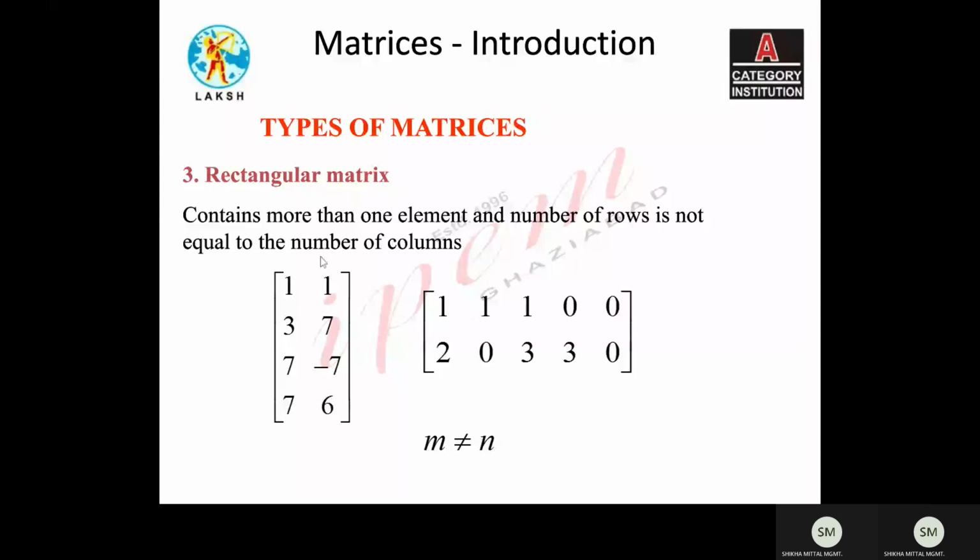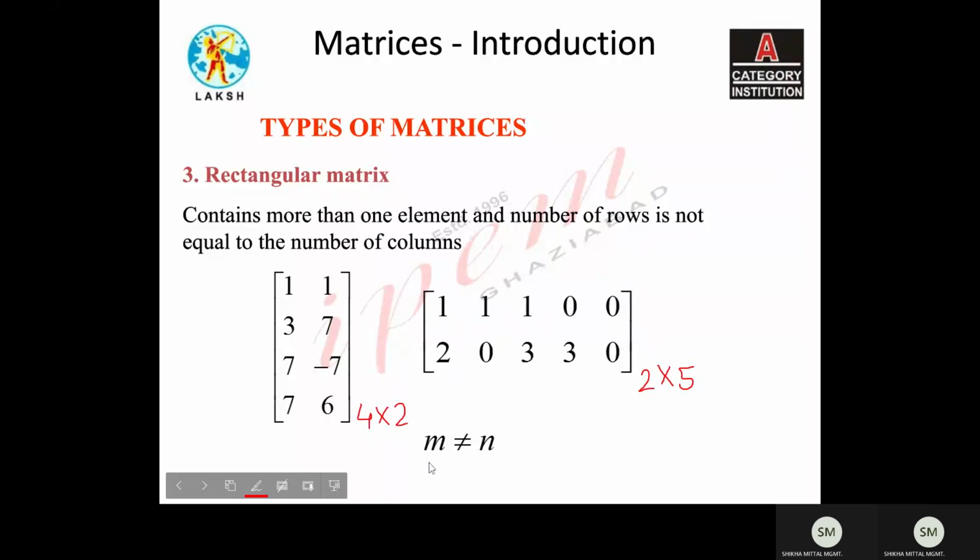The order of this matrix we can write as 4 by 2. And 4 is not equal to 2. So this is known as a rectangular matrix. In the second example, the number of rows is 2. When we write the order, first we write the number of rows, and after the multiplication sign, we write the number of columns: 1, 2, 3, 4 and 5. So here the order of the second example is 2 by 5.